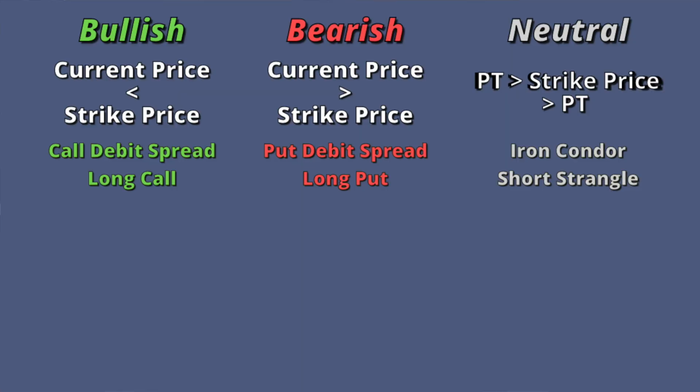And finally, you have the neutral strategies. Whenever you're neutral on a stock, you're assuming that it's going to trade flat. And there's a couple ways that you could play this. You could either do an iron condor, where you're basically creating a call credit spread and a put credit spread, and you're assuming that the stock is going to be between the strike prices that you choose for your calls and your puts.